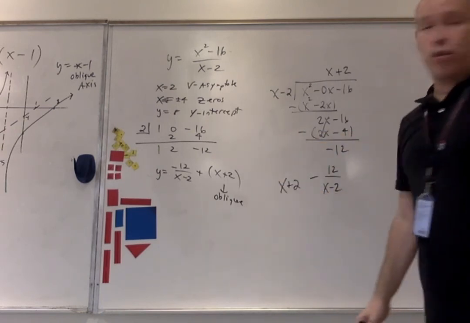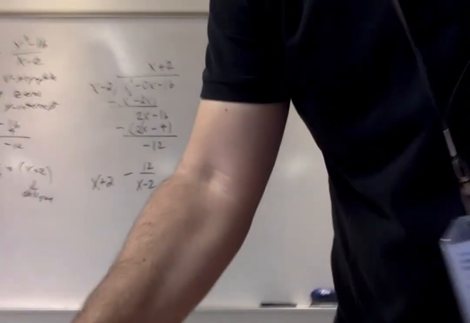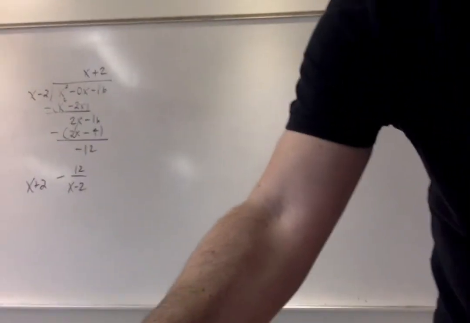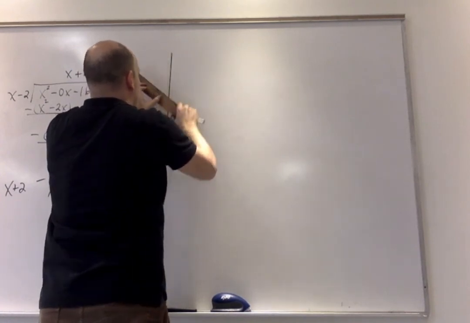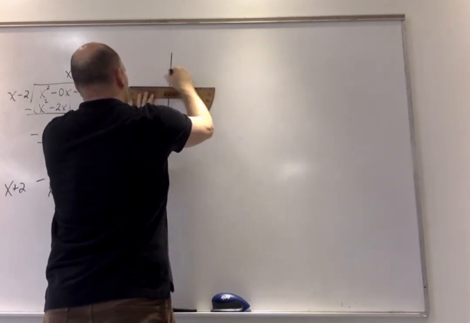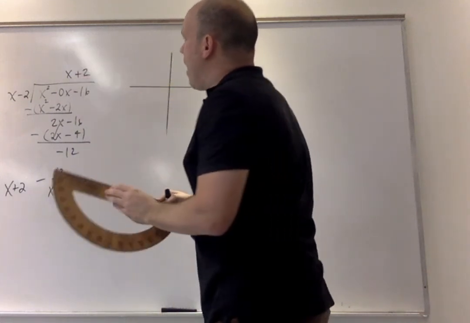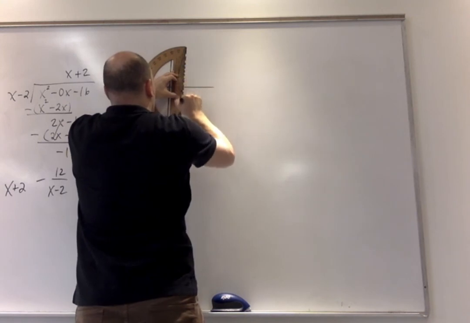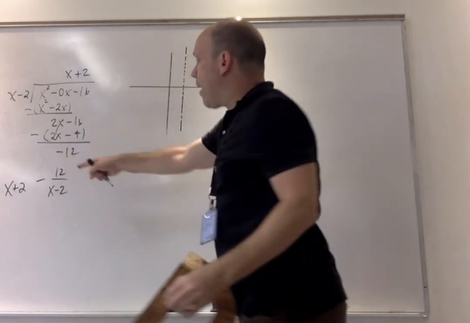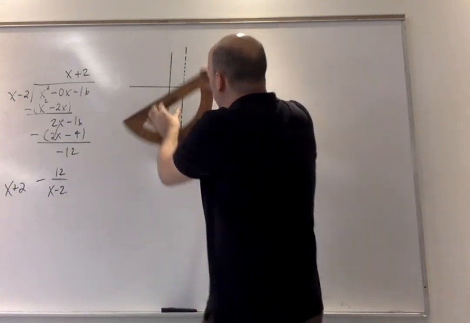Let's get a sketch, and then we're done. We have our axes. We know that x equals 2 is a vertical asymptote. We also know that y equals x plus 2 is another asymptote.